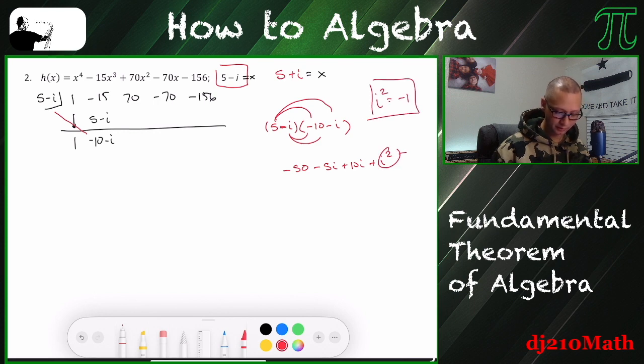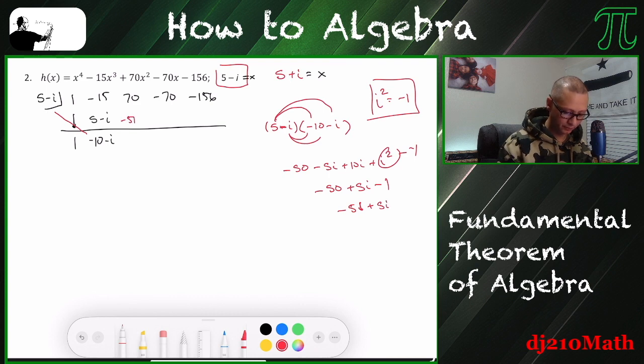So the sign's just going to change. Combining like terms, we get negative 50 plus 5i minus 1. So negative 51 plus 5i.